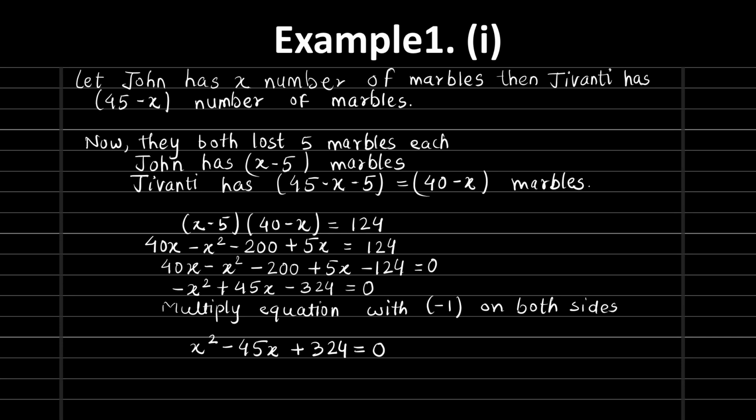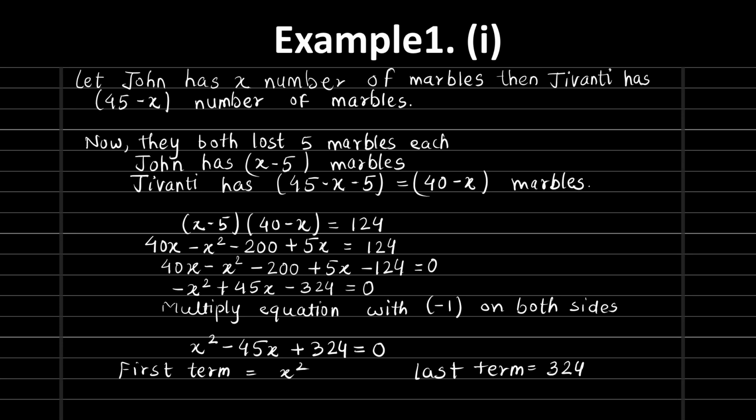Now, we have already framed this situation mathematically. Now, I'll explain how to solve this equation. We will write down the first term and the last term. Here the first term is X square and the last term, or the constant term, is 324.